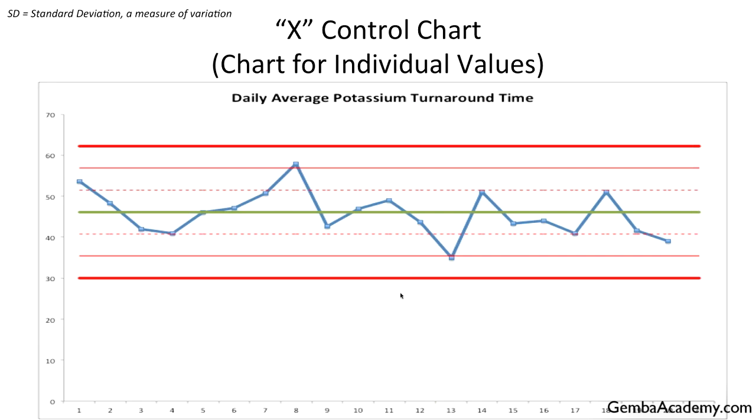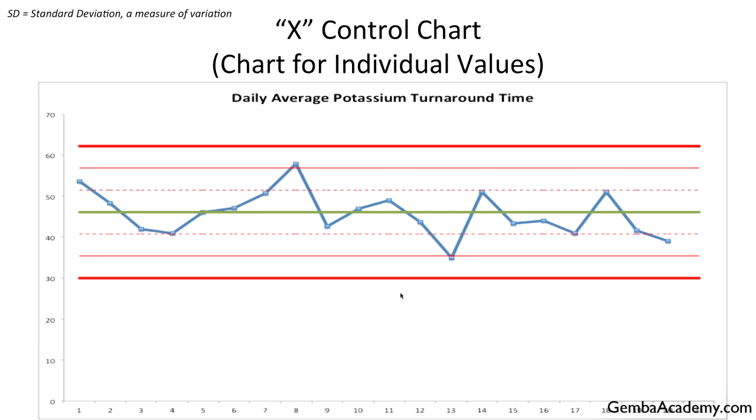There are different forms of control charts that take into account sample sizes and other factors. But even if it's not completely statistically correct 100%, I found that the individual value control charts are very helpful across a wide range of data for helping us make decisions.